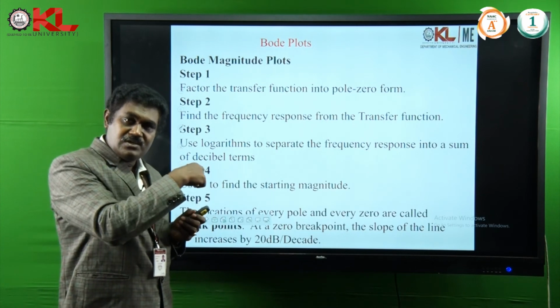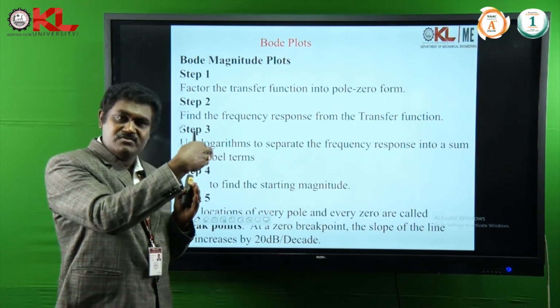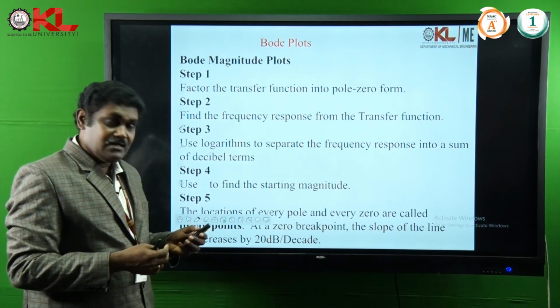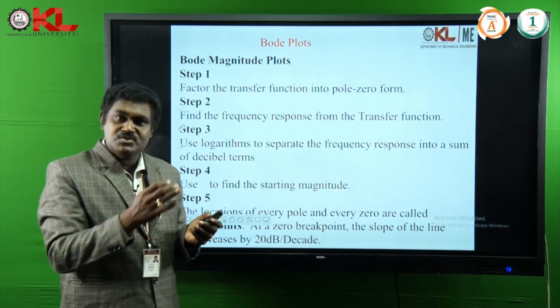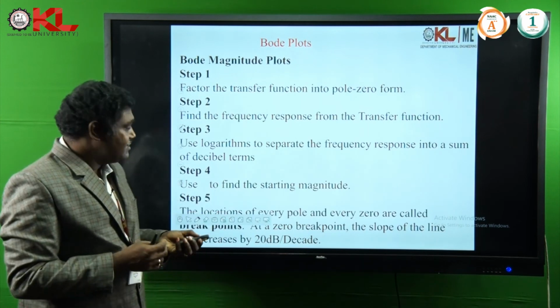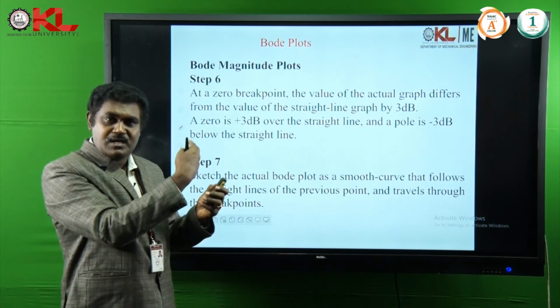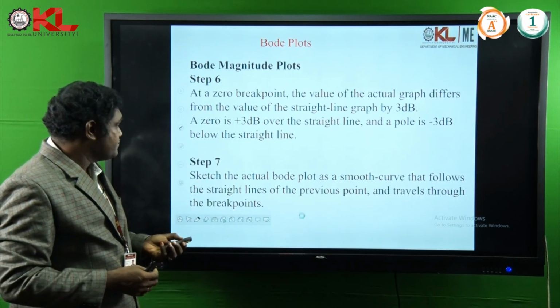From the magnitude, you draw each individual factor's magnitude and frequency plots. Then finally you combine the magnitude and the phase plots. These are the stepwise procedures I have just explained.